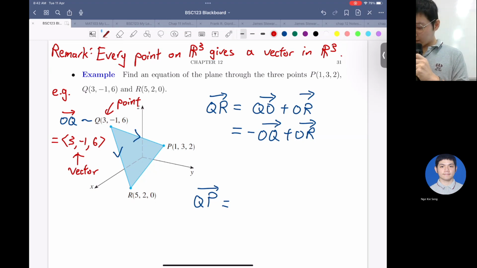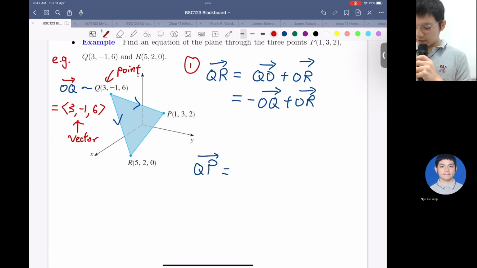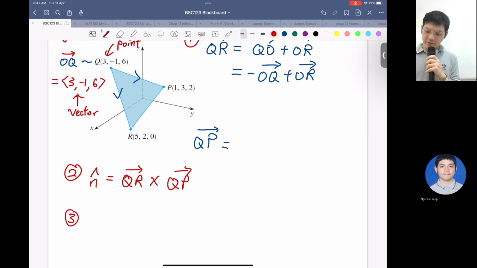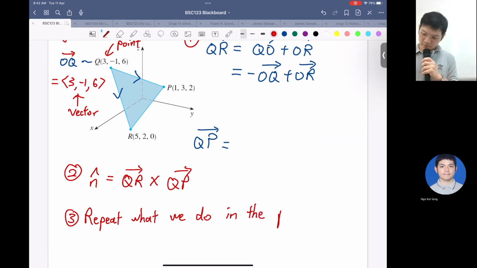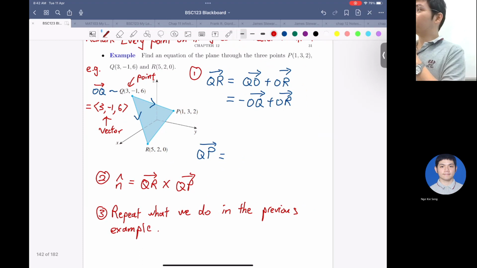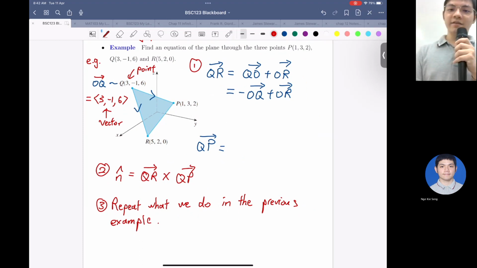So first get these two vectors here, and then compute the normal vector, and then repeat what we did before. Any questions with the plan, I mean the strategy we use?